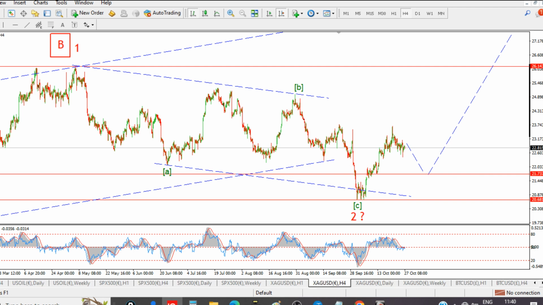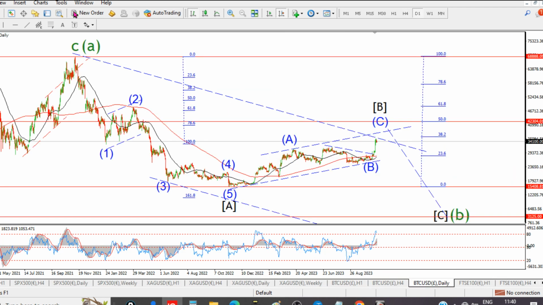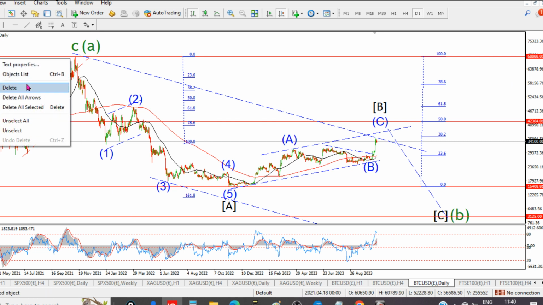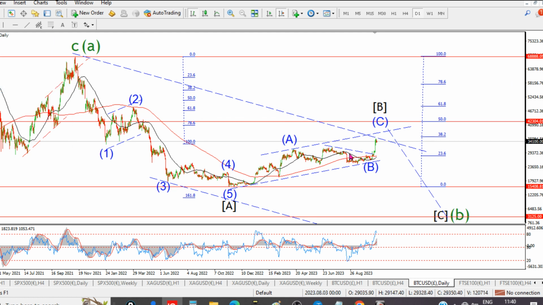Oh, I'm actually going to go and dive into Bitcoin for a second. Daily chart. I changed my count in Bitcoin this week. This long sideways move, I was looking at this as a possible fourth wave, and then we were moving down into wave 5 of C again. Change tack this week. We got a solid rally.